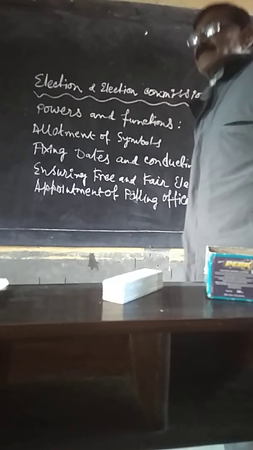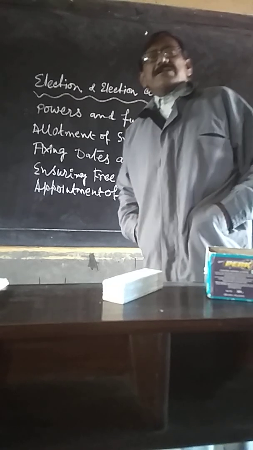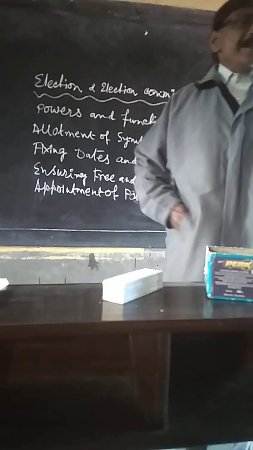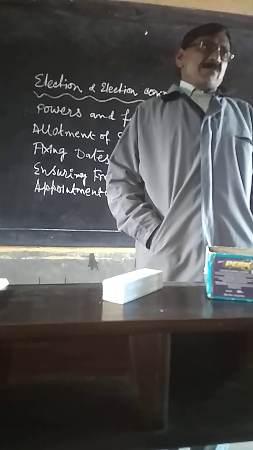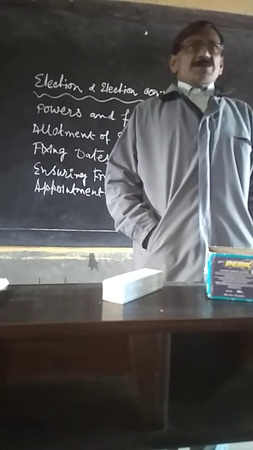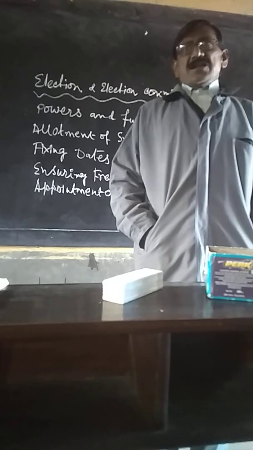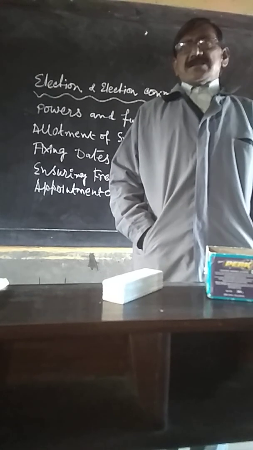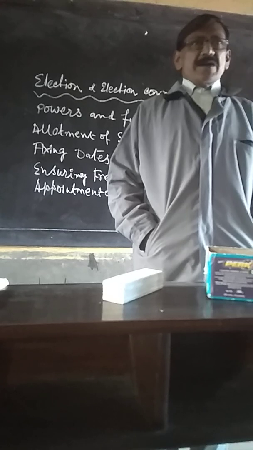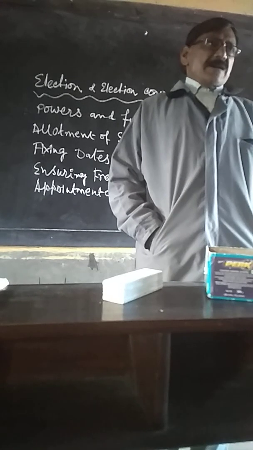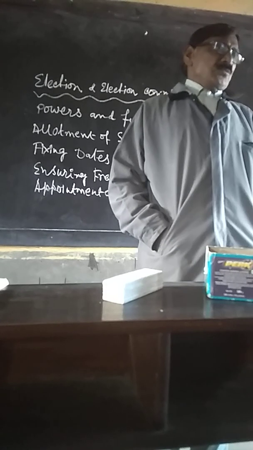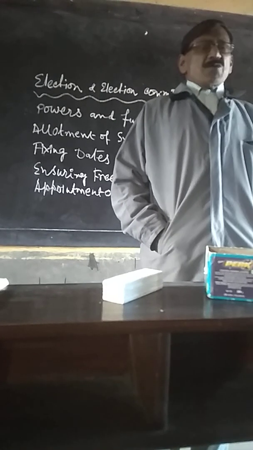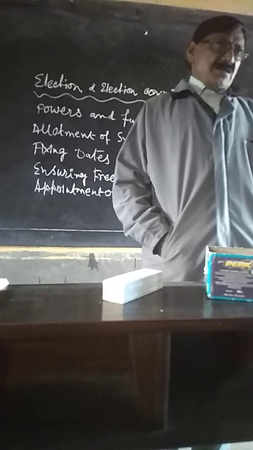Now, ensuring free and fair elections. The election commission conducts free and fair election. How? By consulting the police departments, by consulting administrative departments, by consulting the government officials, and they take help from the police department in order to ensure free and fair election.